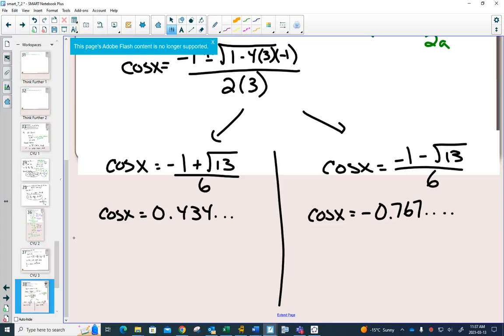Cos inverse, and I get a reference angle of 1.12, dot, dot, dot. And so, in quadrant 1, it would be 1.12. The question says round to the nearest hundredth. And cos is also positive in quadrant 4, so I would go 2 pi minus my reference angle, and I get 5.16.